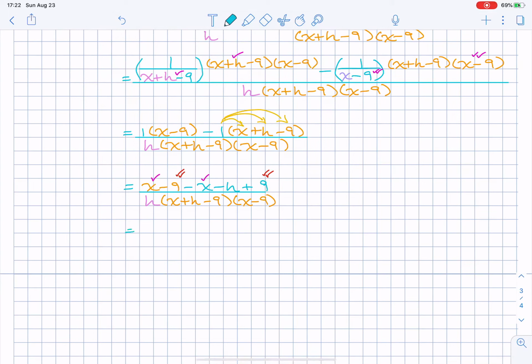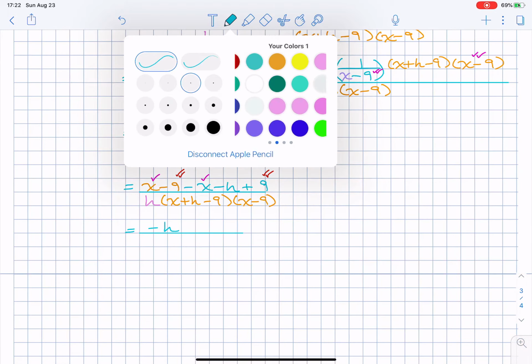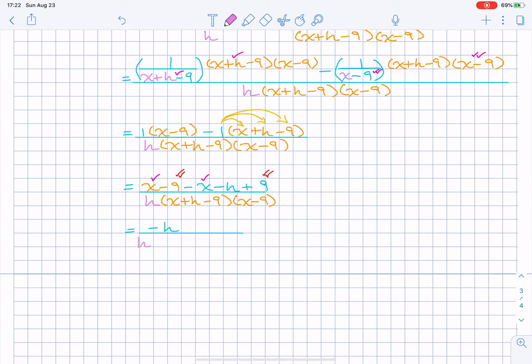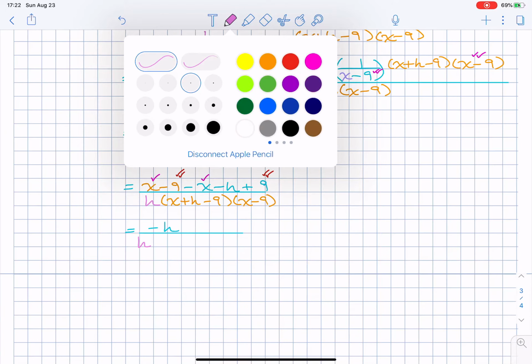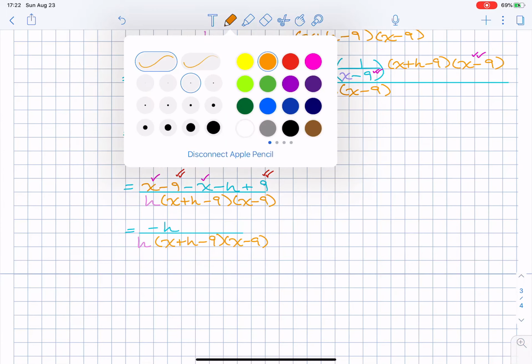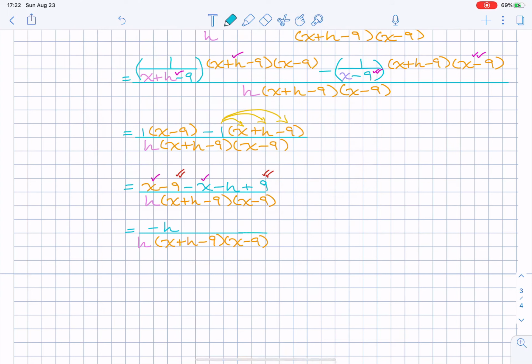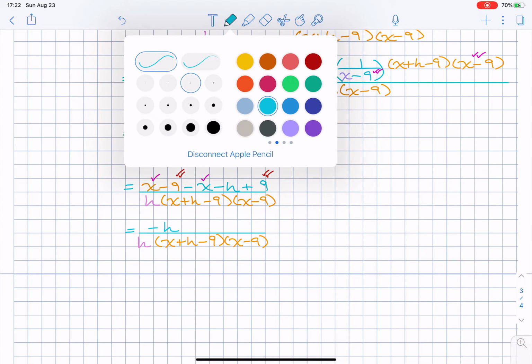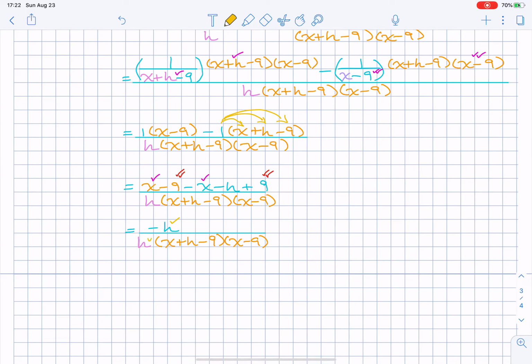So what am I left with? I'm left with a negative h divided by a positive h times the quantity x plus h minus 9 times x minus 9. And if you noticed, we can reduce that h, and that'll be the last thing we can do. We can reduce h over h to 1 over 1.